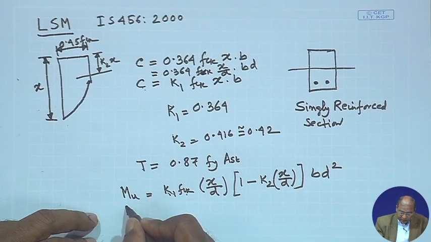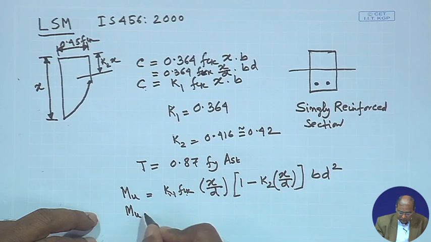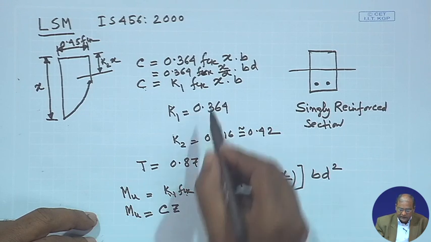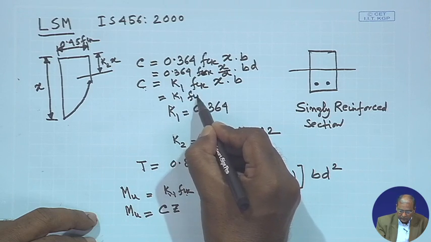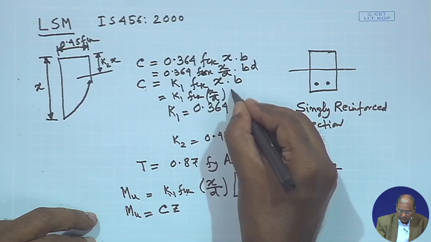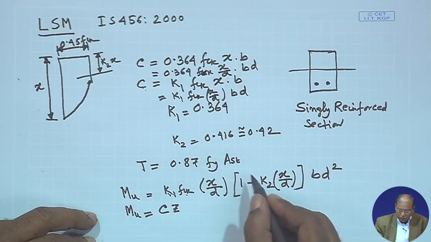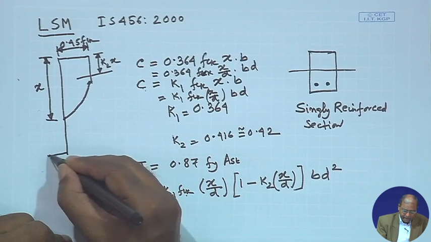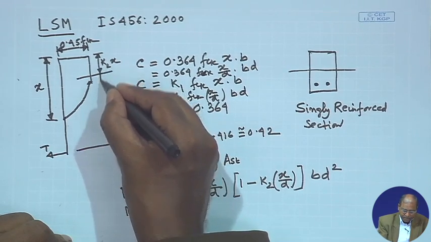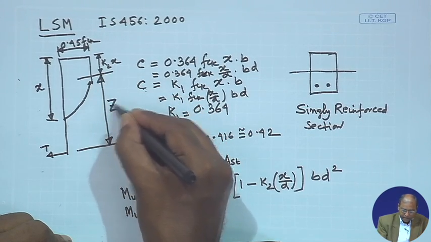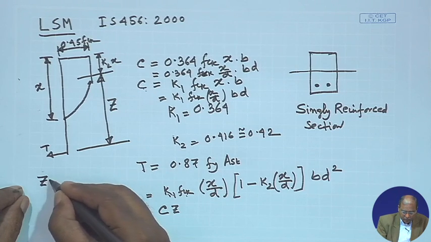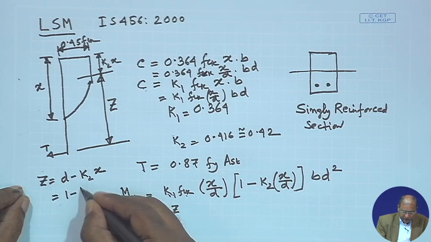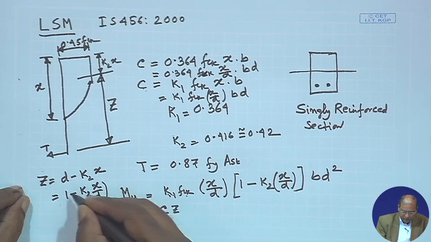So, whatever I am doing, Mu equal to C times Z. C is this much into Z. Z means this particular one here, this is your Z. So, Z equal to d minus K2 x equal to 1 minus K2 x by d into d.